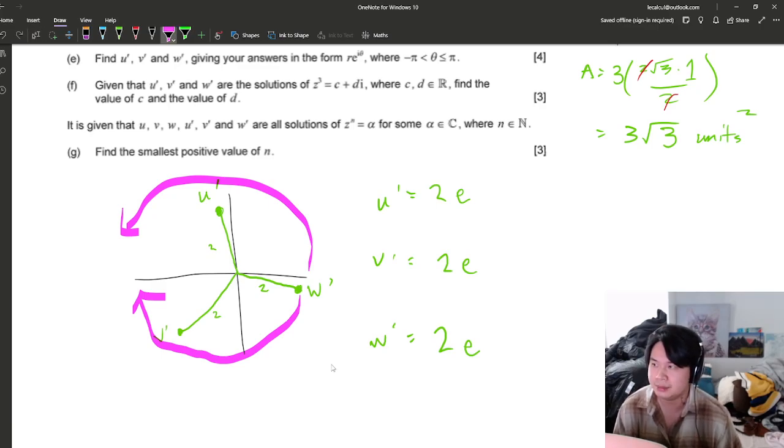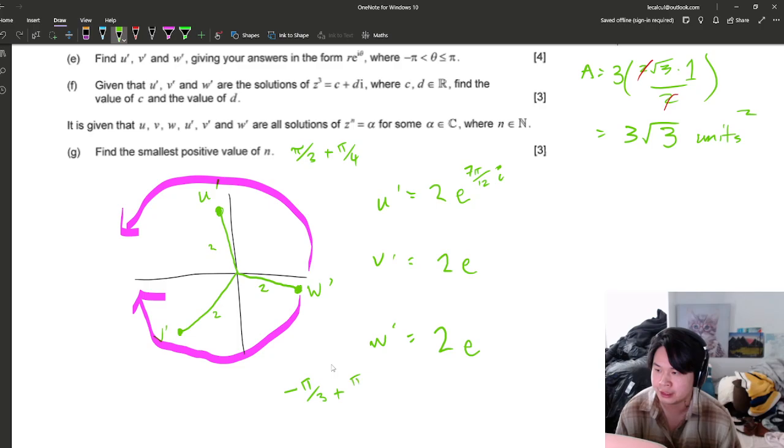Okay, U is easy because it was originally pi over 3, and then we've added pi over 4. So this becomes 7 pi over 12i. For W, we had negative pi over 3, and then we added pi over 4.